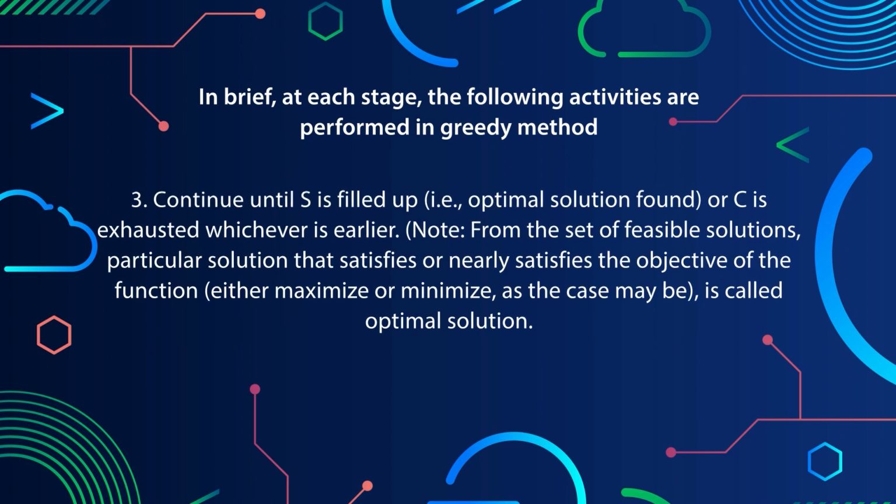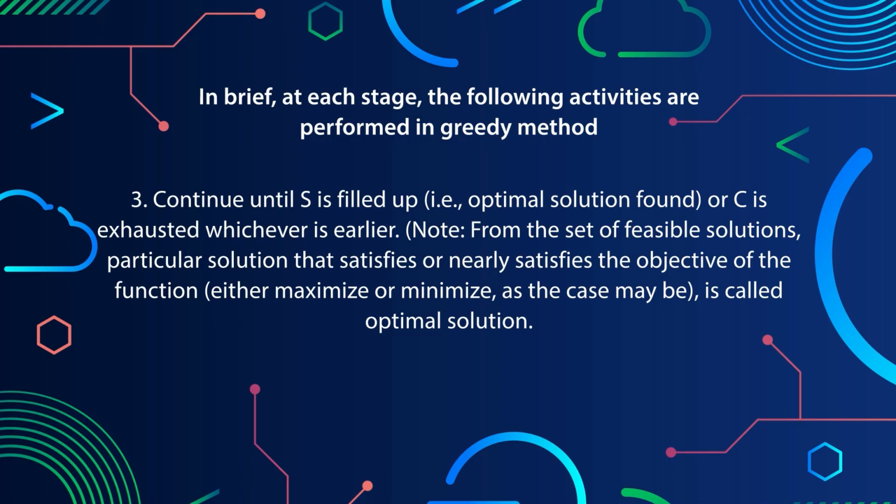Now the third step is you have to repeat this process again and again until you get the result, depending upon the objective function, either it maximizes or minimizes, whatever the case may be, until the capacity is full, and then you can stop right there.